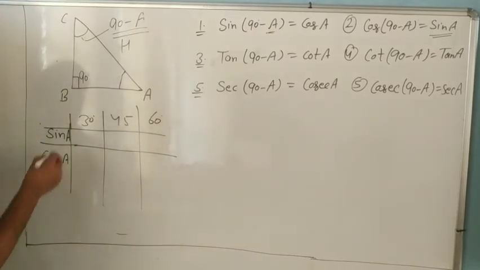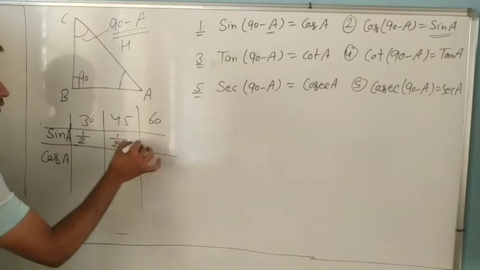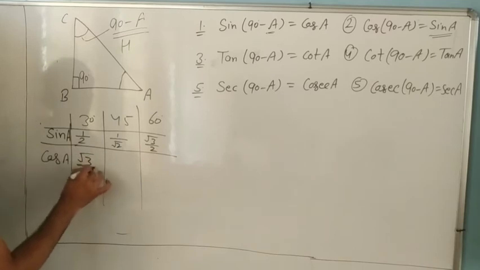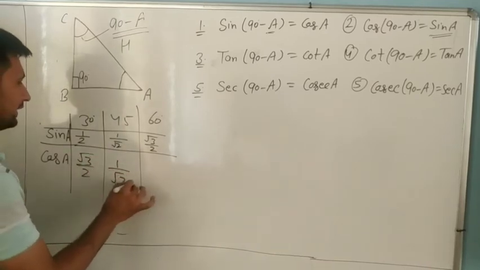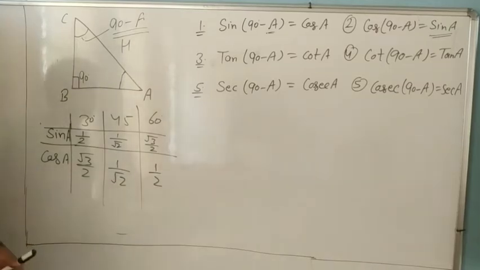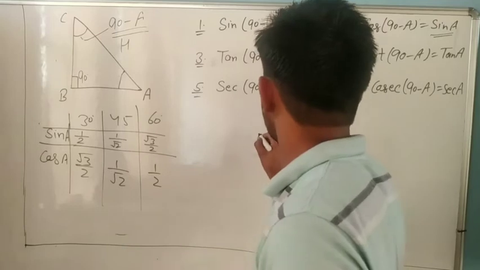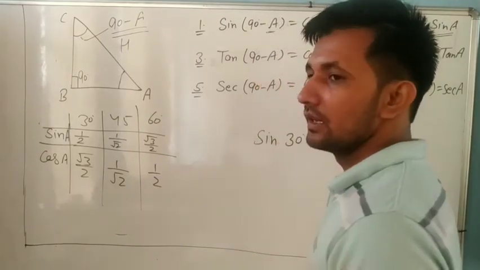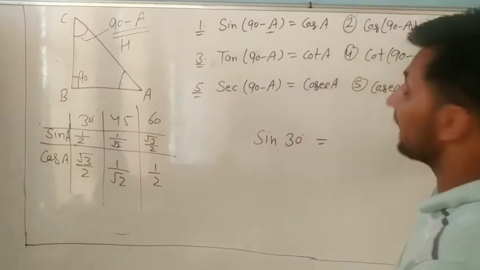Now sine 30 is 1 upon 2, then 1 upon root 2, then root 3 by 2, root 3 by 2, 1 upon root 2, 1 upon 2. So look at what I told you: any angle you will find. Suppose we find sine 30. Sine 30 equals sine A.